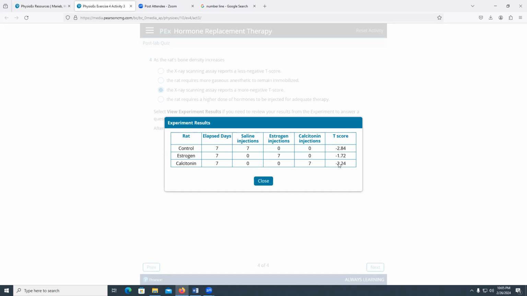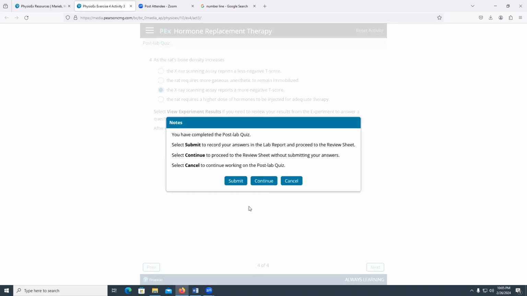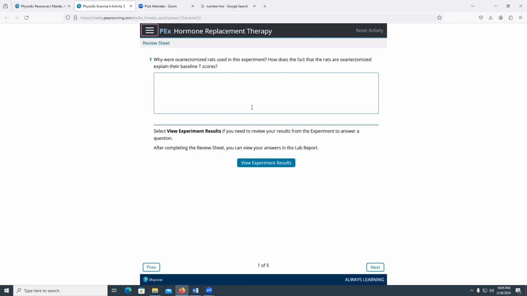That is more negative, closer to the most negative, which was control. And then the estrogen was also negative, but it is less negative when compared to calcitonin. Okay, we press submit. Then we have to answer a couple of questions.